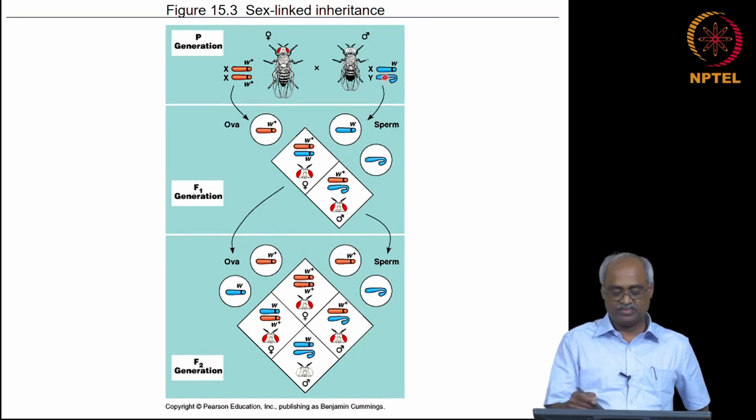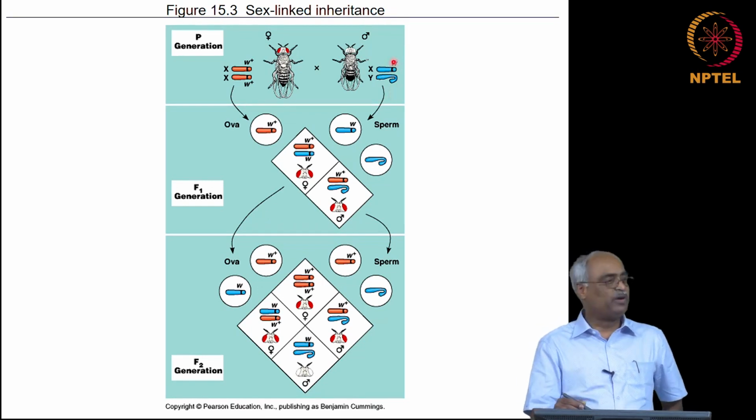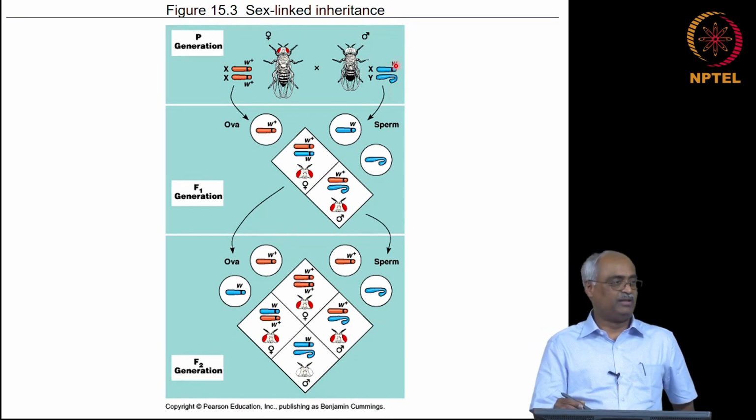In this particular example the plus is absent here in this cartoon. So now the female will have 2 copies, male will have only 1 copy. So Morgan reasoned that 1 copy was mutant in that male and the male did not produce the red pigment and therefore it is white.